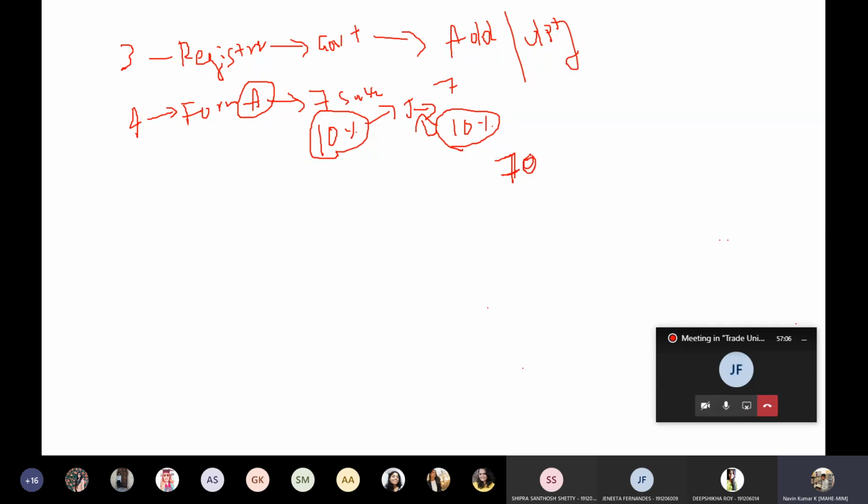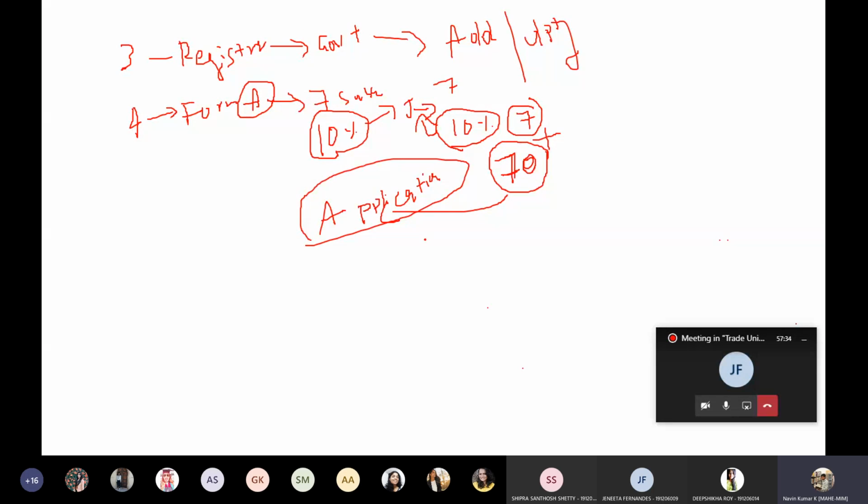They said to Janita, we want to become a member in your union. 70 people said so, and of course 7 members already subscribed, and 70 people are also members of your union. Now you applied before the registrar, application is processed. Because registration may take time, application is pending before the registrar.